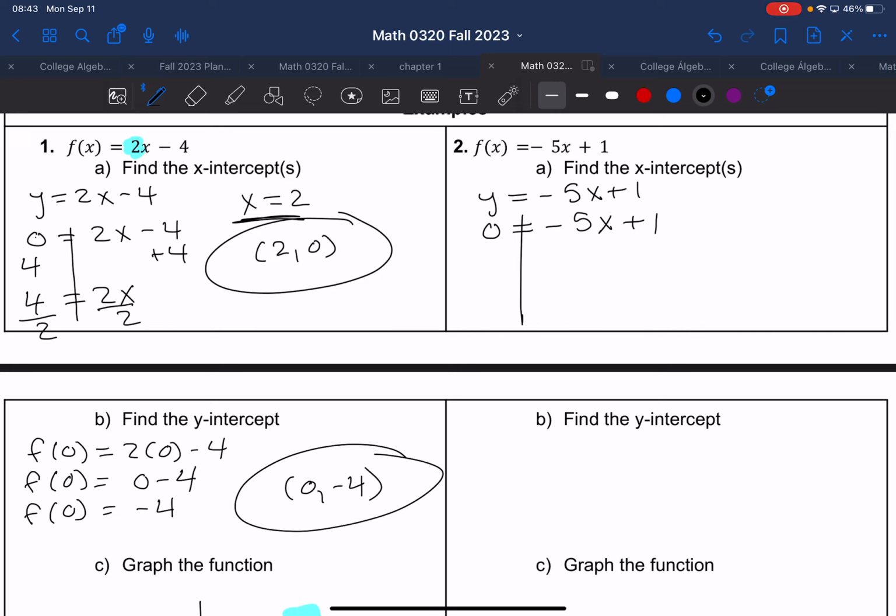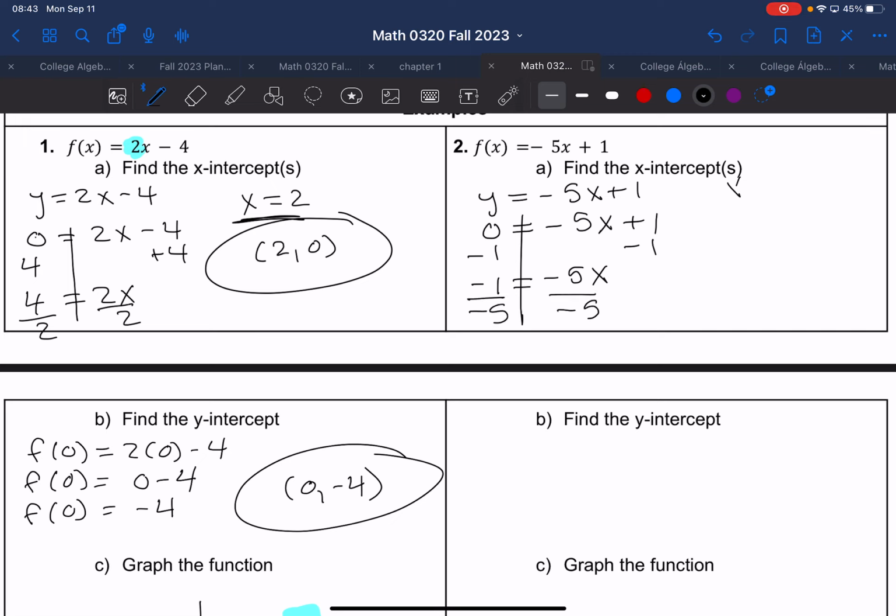Okay, so finding the x-intercept, we have 0 plugged in for y, so that gives us 0 is equal to negative 5x plus 1. What would be our first step? Good, subtract 1. We get negative 1 is equal to negative 5x. Last step, divide by negative 5.